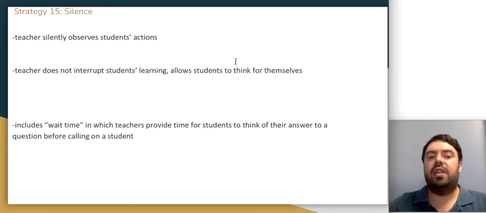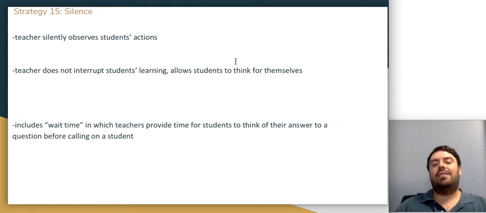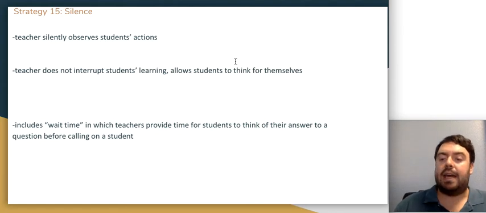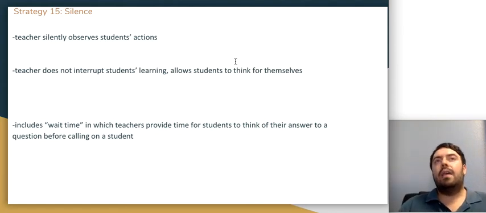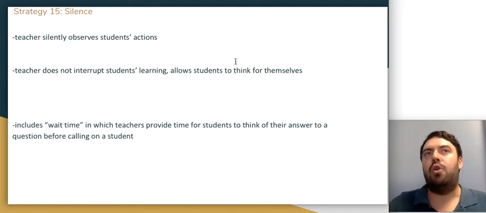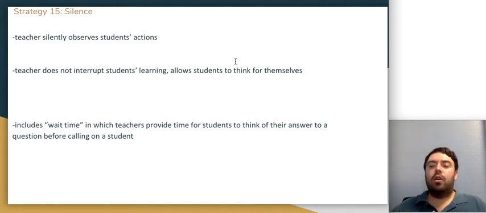The last strategy is silence. And in this strategy, it's pretty straightforward. It's you observing students. You're letting your presence be known, so students know you're watching them and they know that they need to be on task. But they also know that they're safe, right? That nothing crazy is going to happen if, let's say, they're doing an experiment or they're doing a learning center or they're trying out a new task.